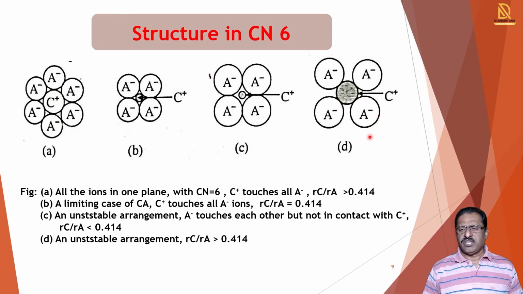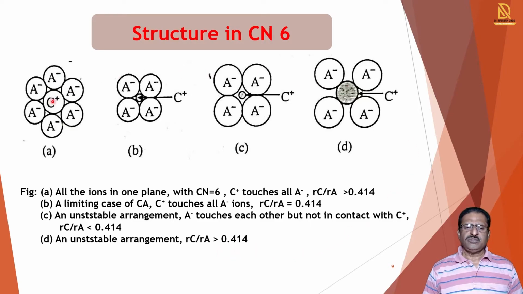Again, we see the D case. In that, cation size is larger. So here attractive force and repulsive force are not the same. Here attractive force is more and repulsive force is less. So this is also an unstable arrangement. In this case, the radius ratio of cation to anion is greater than 0.414.